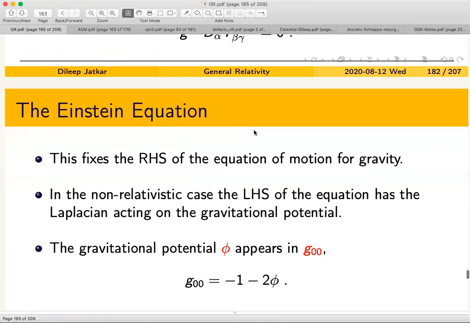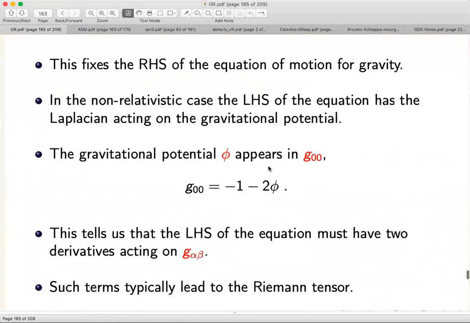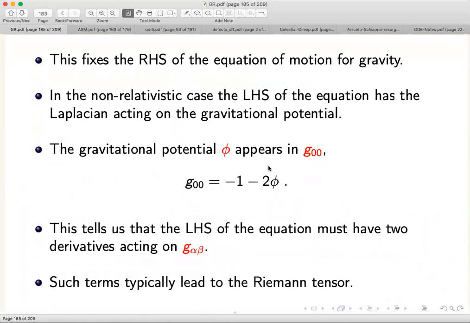Okay, we want to ask what the left-hand side of the equation is. Again, we go back to the non-relativistic case to get some guidance. We know that in the non-relativistic limit, the left-hand side had a Laplacian acting on the gravitational potential phi. And the gravitational potential itself appears in the zeroth component of the metric in the following way: g00 is -(1 + 2 phi).